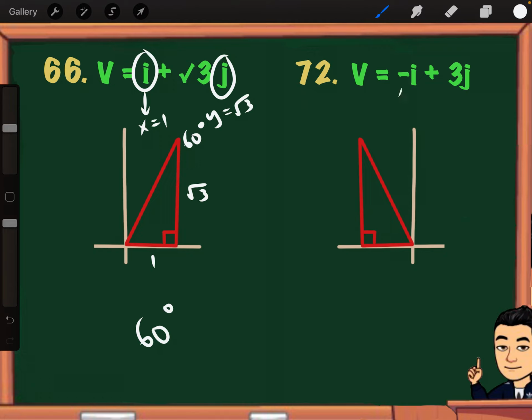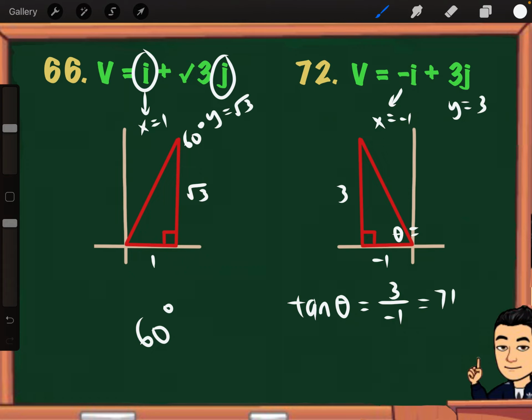So here we know that x is equal to -1, so here is -1, and your y is equal to +3. Okay, so the one you want to use is tangent, knowing that this is your theta, right? So tangent theta is equal to 3 over -1. Okay, so understand that this angle is going to be 71.56.